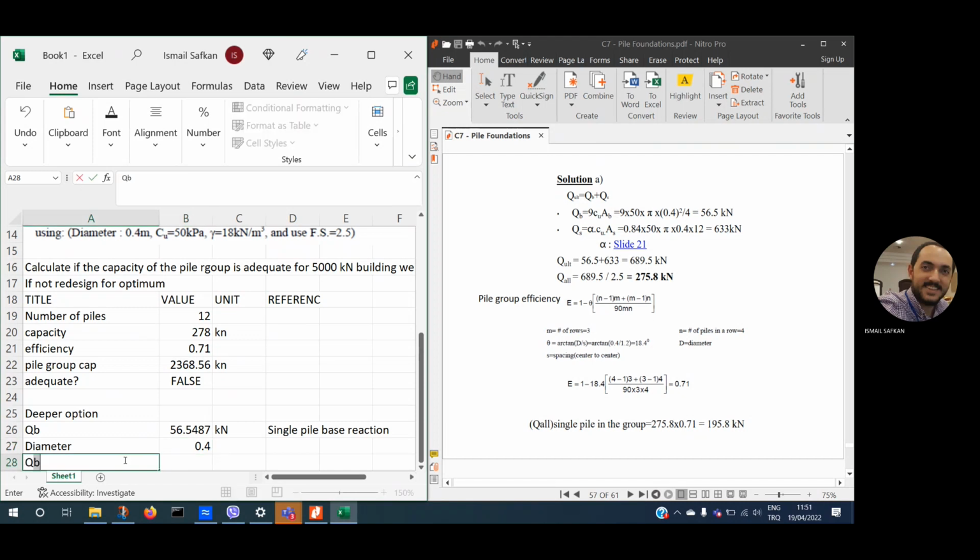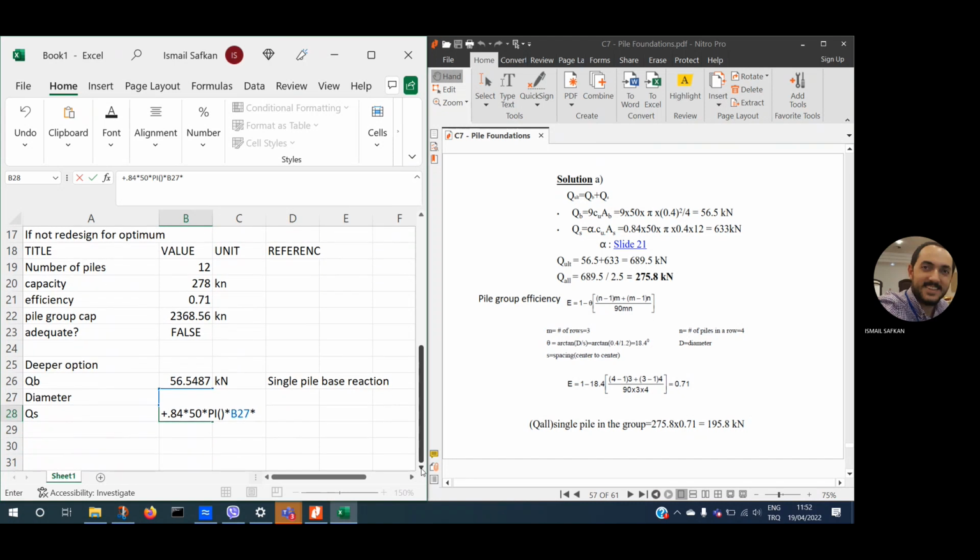Let's move on to QS. It's 100% clay in this example. So I'm going to use 0.84, that's a constant value, times 50, which was assigned to me for the soil. If in your case you have a different soil, you will assign a different cell so that you input that CU in there, times pi, open close bracket, times the diameter, times the length.